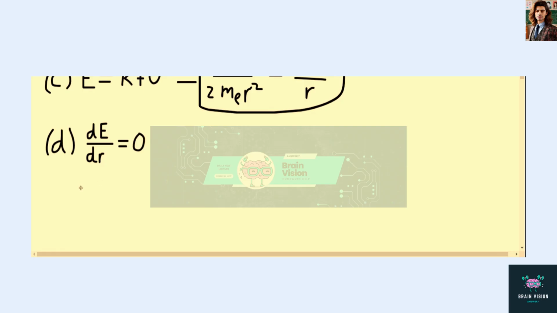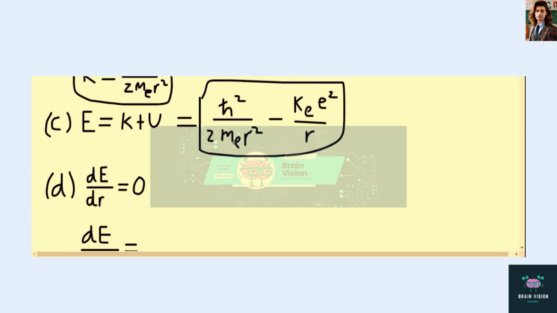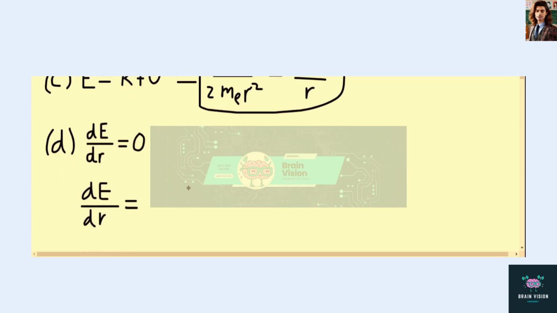For the first group we come across, h bar squared over 2 m sub e r squared, this gives us negative h bar squared, divided by, the 2 goes away because of the derivative, m sub e r to the third.